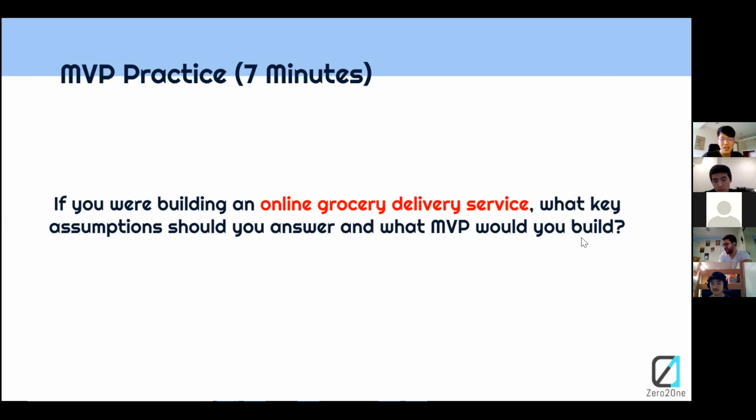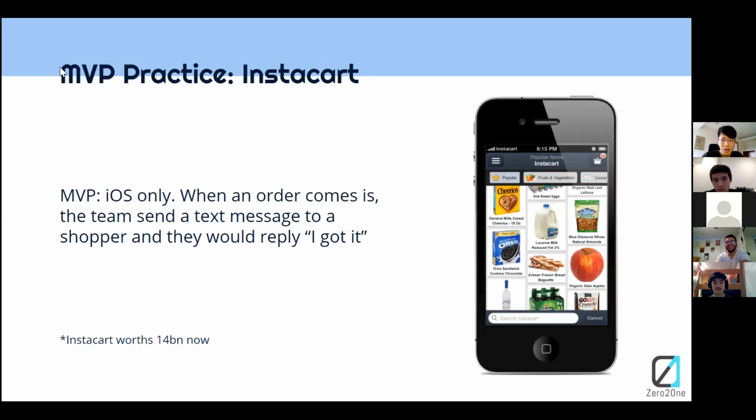Okay, awesome. The actual case we have here is Instacart. Within the first two to three months, they built the MVP, and it was only an iOS app, a very simple app.